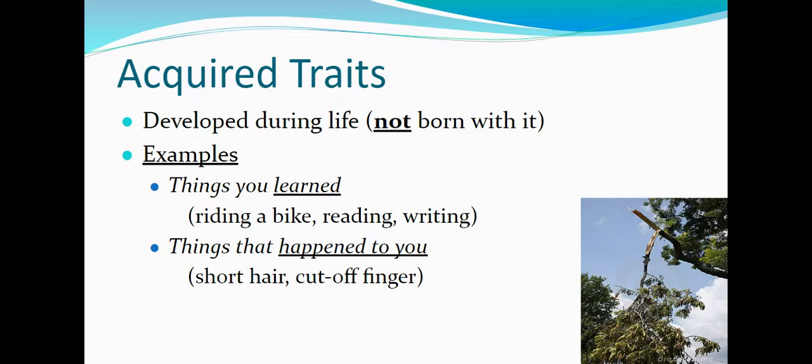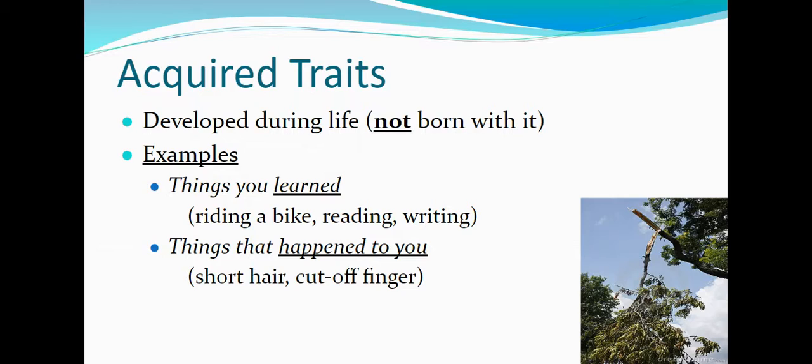Some other acquired traits would be having short hair. We decide after we're born if we're going to have long hair or short hair, what hairstyle we're going to have. We don't inherit a hairstyle from a family member. Okay, if your dad has crazy spiky hair, you're not going to be born with crazy spiky hair.